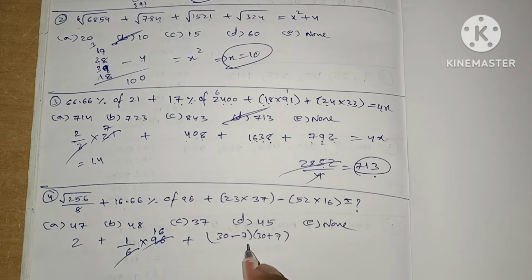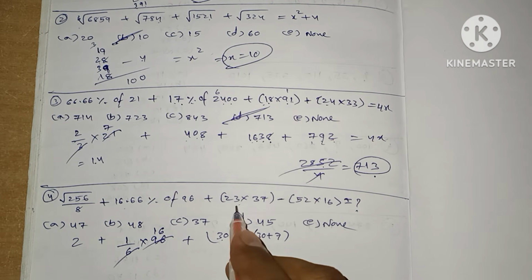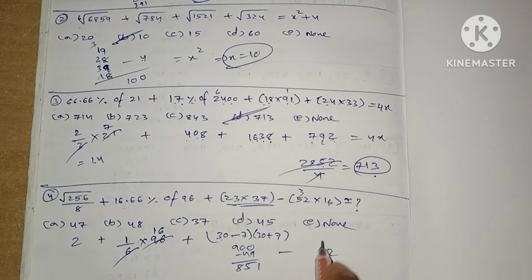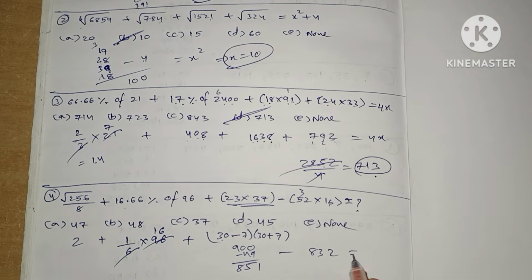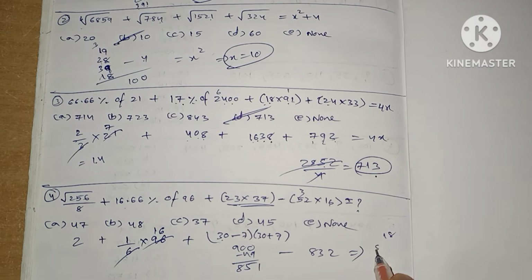The formula for this one will be a square minus b square. So a square 30 square, which is 900, minus 7 square 49, we get 851 for this one. The answer for this one is 851, minus 16 2 times is 32, 16 5 times is 80, 83. So total we have 2 plus 16 18, 18 plus 851 minus 832.